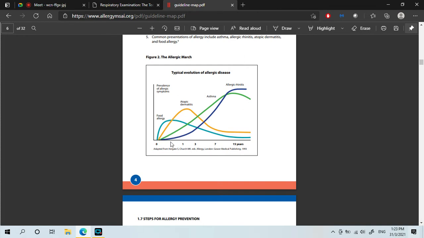So the value of this, what is the value of this information?